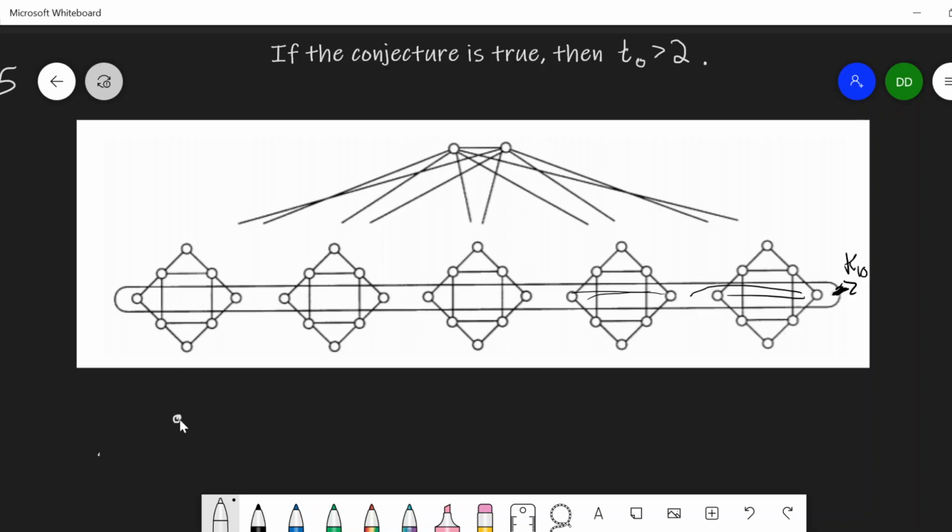So they were also able to show that if the conjecture is true, then t-naught is at least 9/4. They found a sequence of graphs that approached 9/4.